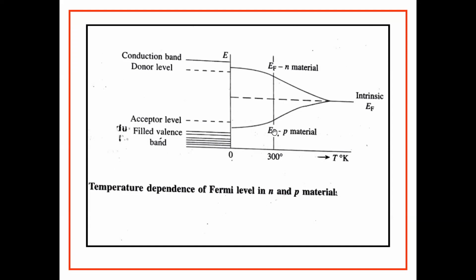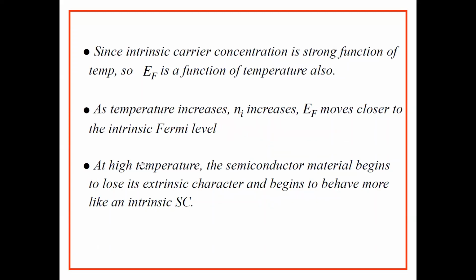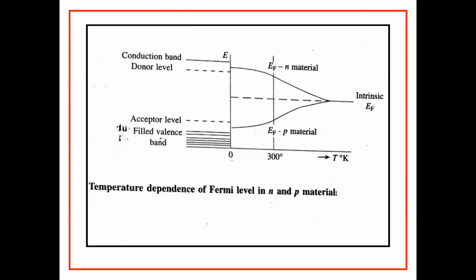Similarly, for p-type semiconductor, Fermi energy level increases, and as temperature reaches a higher value, it approaches its intrinsic level. As we discussed, at higher temperature the semiconductor material begins to lose its extrinsic character and behave more like an intrinsic semiconductor, which is clear from this figure.